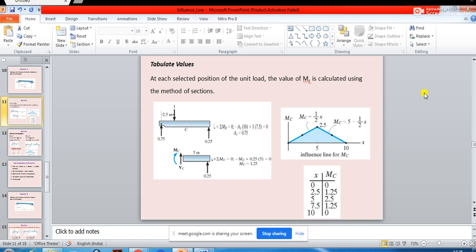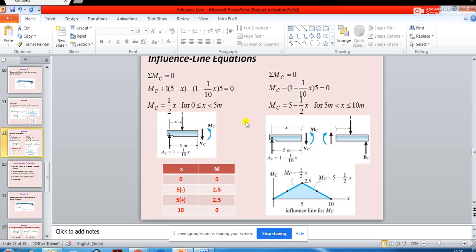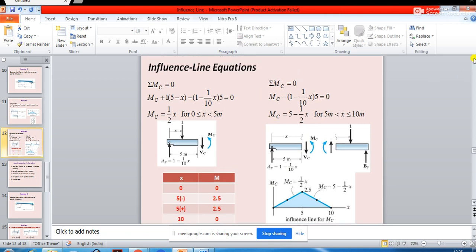In the previous class we have already discussed. So let us try to understand how to represent it in terms of x. It's very simple again.